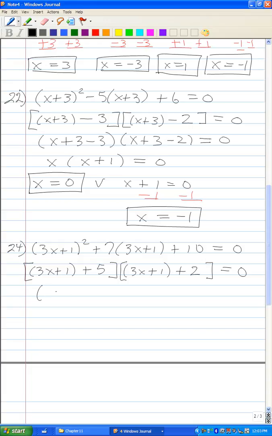Let me simplify this, so let me get rid of the parentheses. And so I get 3x + 6 and 3x + 3. I could actually factor out, maybe I should, just so that you sort of see this.